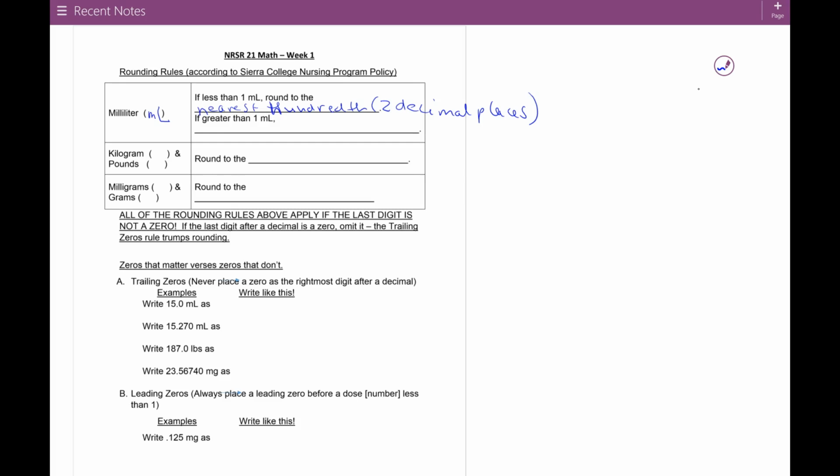So to the nearest hundredth, 2 decimal places. If it's greater than 1 milliliter, we round to the nearest tenth, and that's 1 decimal place.